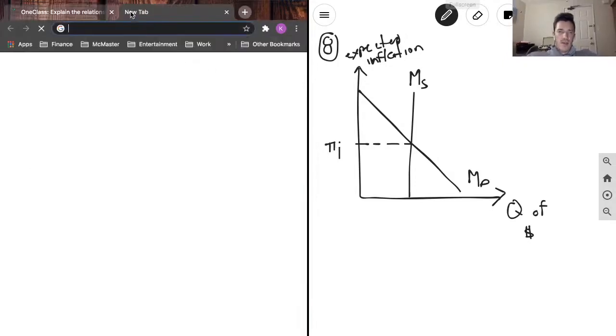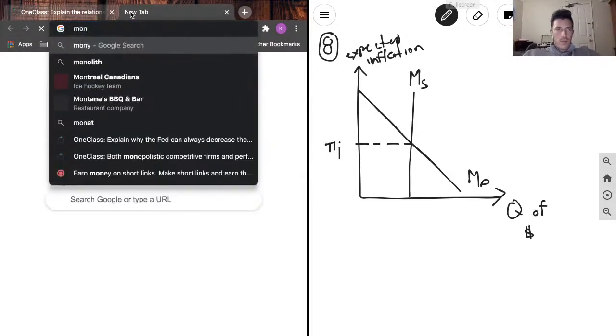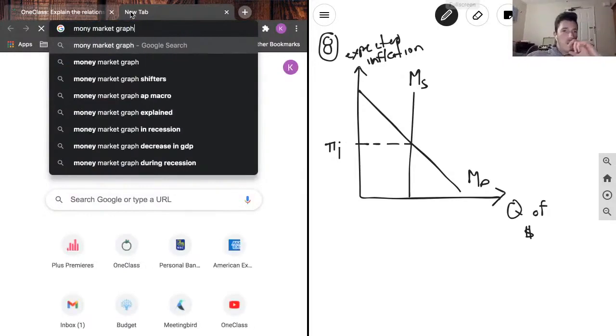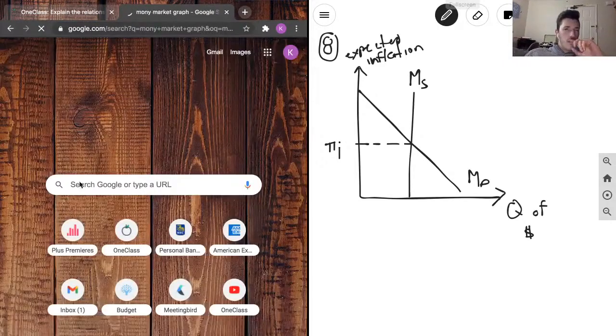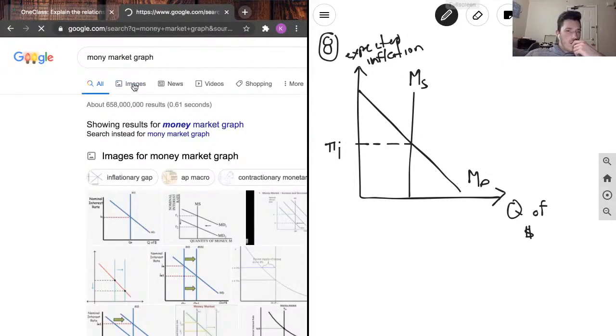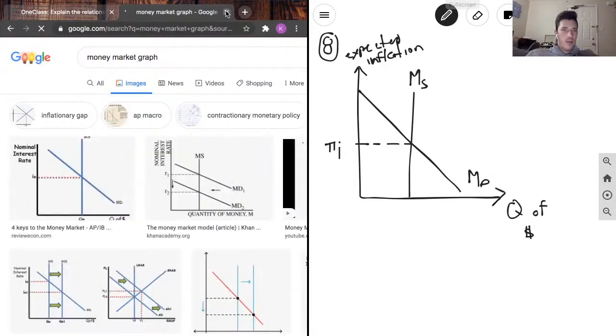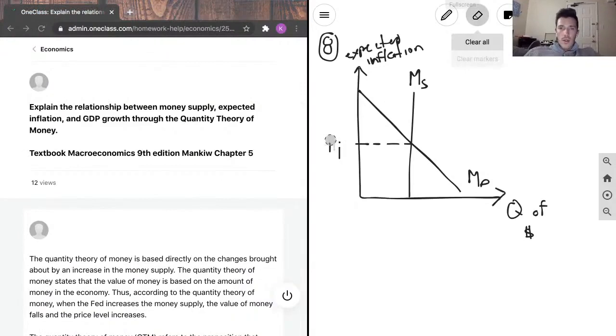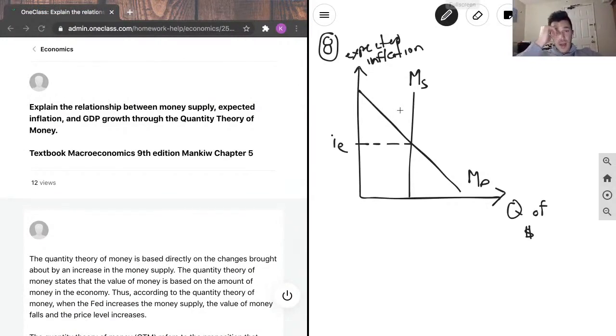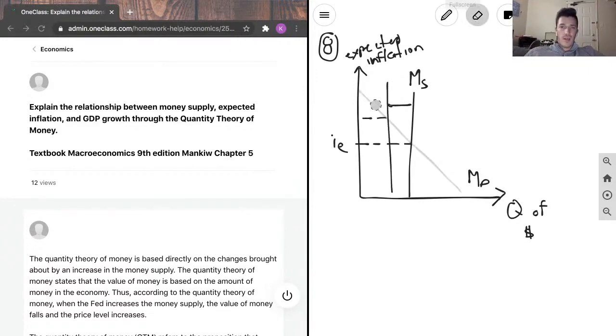I might not be denoting that right, but that's how they do it. So if you were to decrease the money supply, the curve would shift to the left, and as a result, expected inflation would increase.